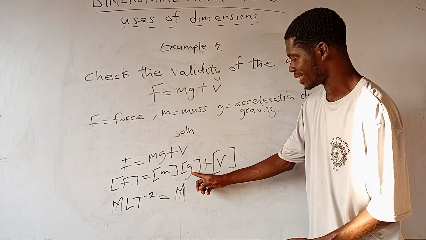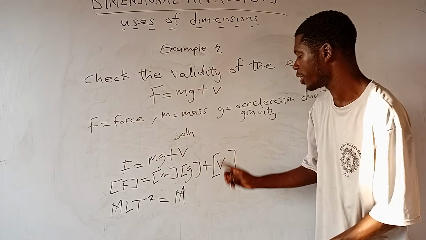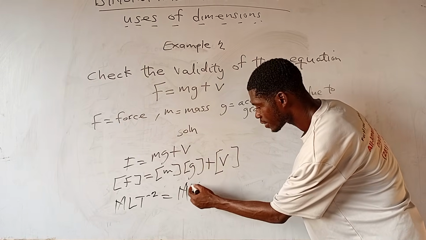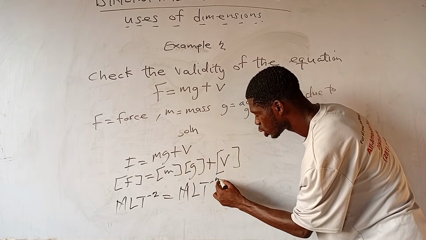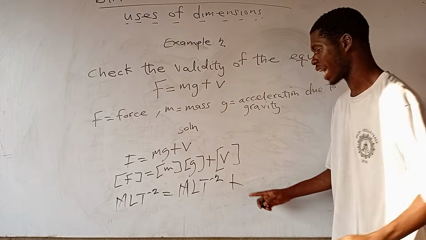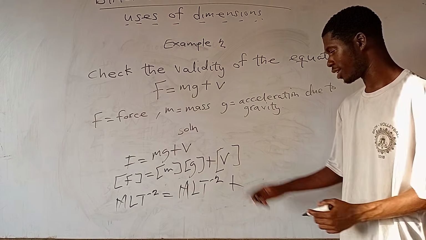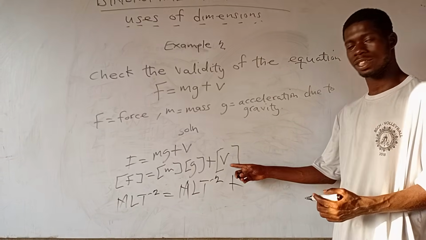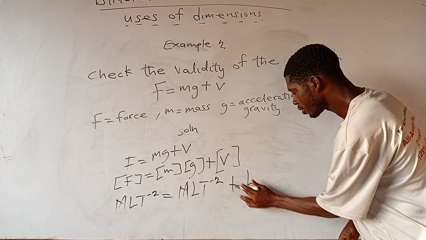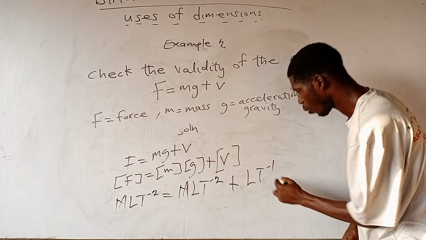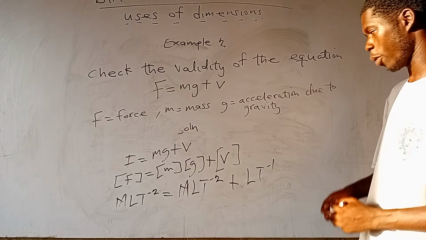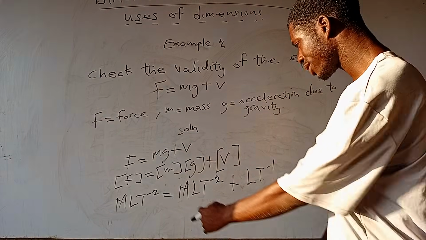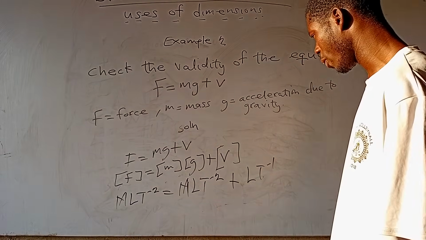Then multiplying g, taking the dimension of g. g is the acceleration due to gravity, so the dimension for acceleration is LT^-2, plus the dimension for v. Now, know that v is velocity, so LT^-1. So you can see that what is here and what is here, they are all different.